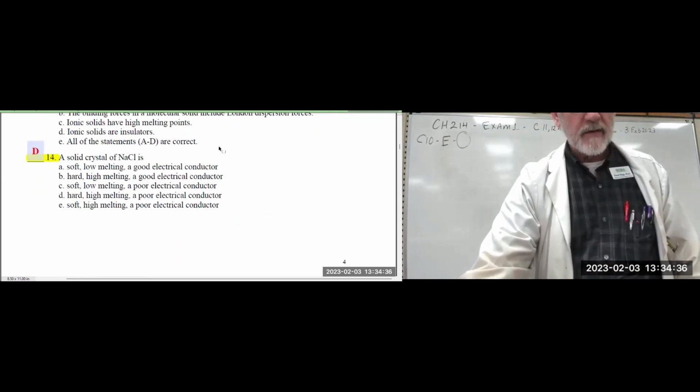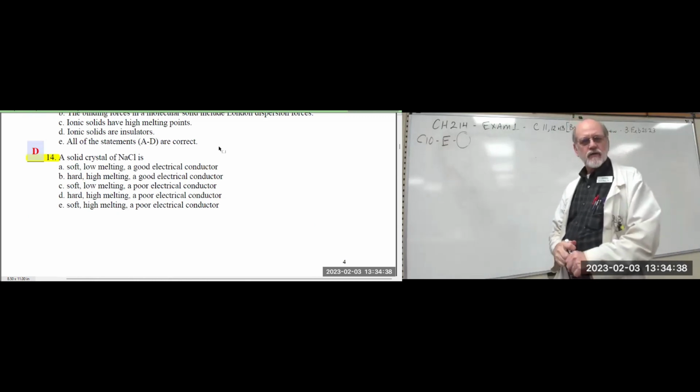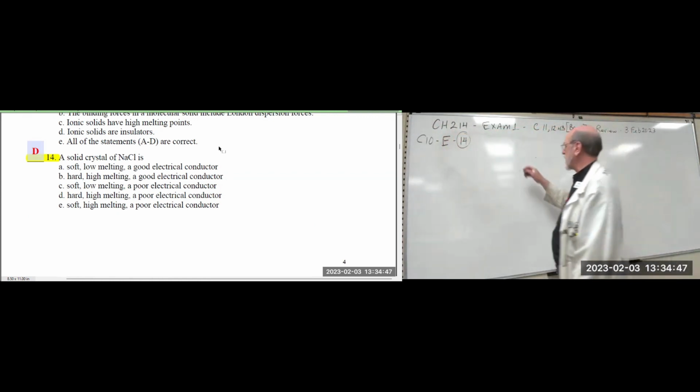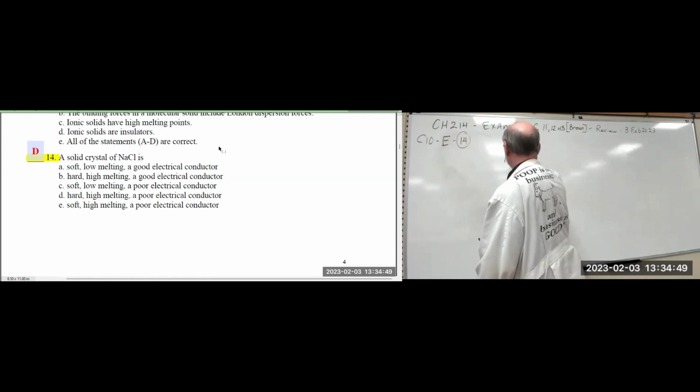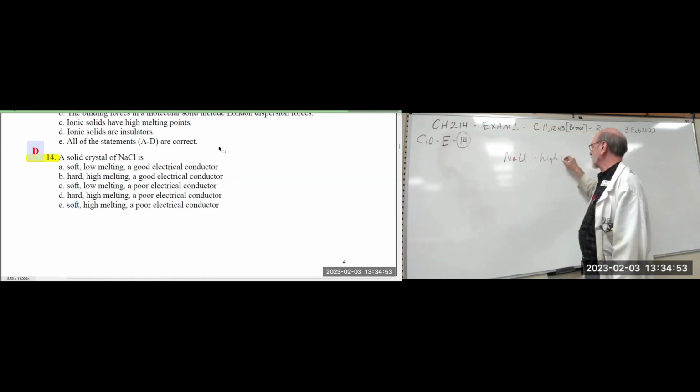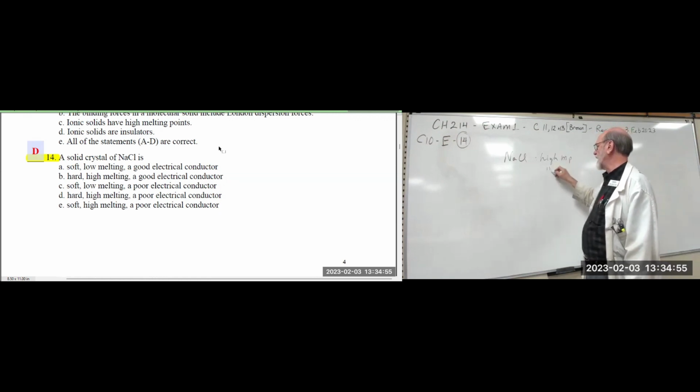All right, let's see. What else do I have picked up? A solid crystal of sodium chloride is what? Well, let's see. If we've got sodium chloride, we know that it's an ionic compound, so it's going to have a high melting point. It's going to have a high boiling point.